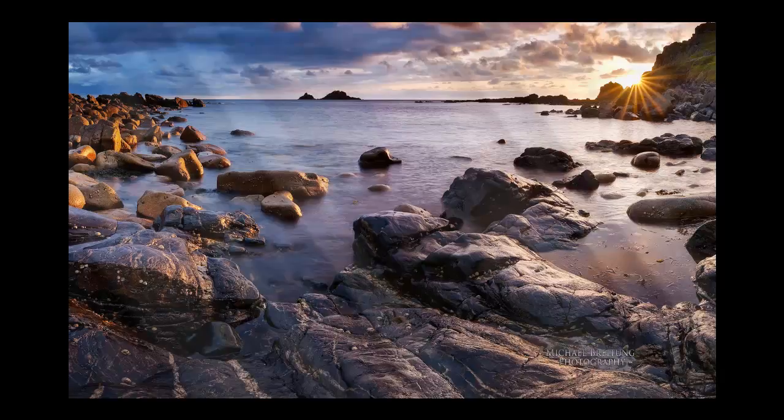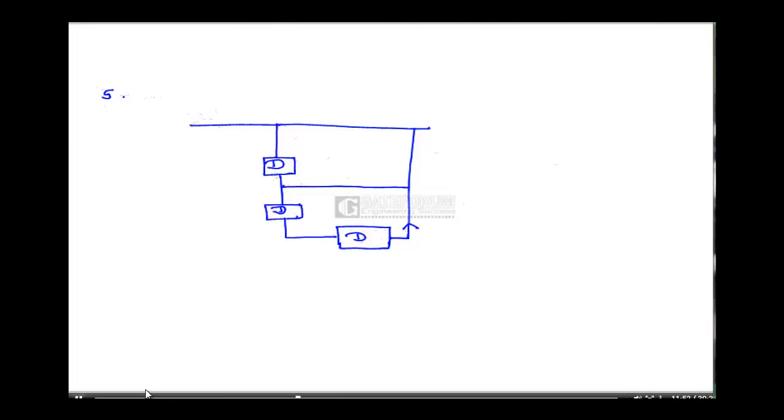I'll first draw the block diagram. The D represents the delay element.